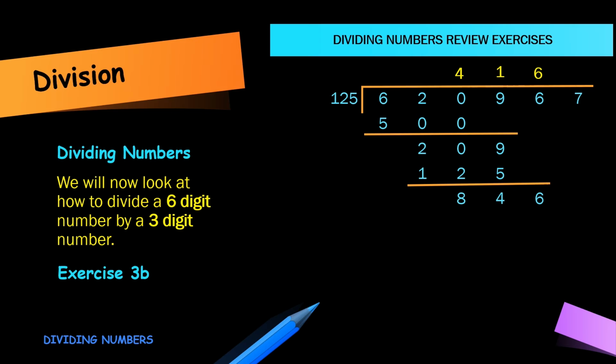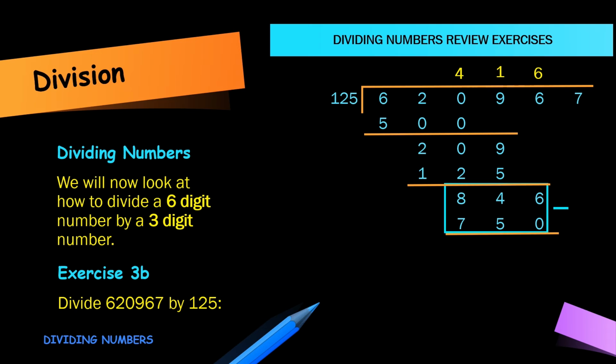Multiply 6 by 125 to give 750. Subtract to give 96. Bring the 7 down. How many 125s are there in 967? There are 7.